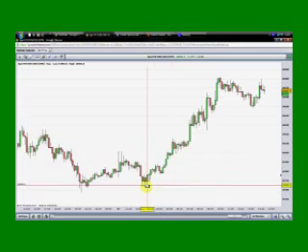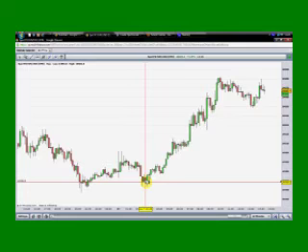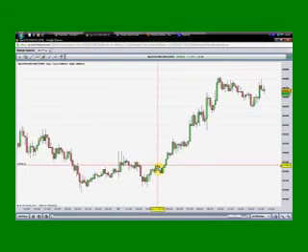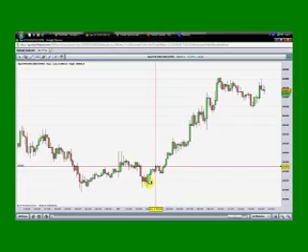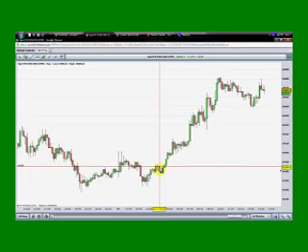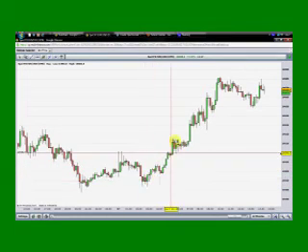If, for instance, this movement from here was not stopped by this retracement to the downside, repeat, if this movement from here was not stopped by this retracement to the downside, the whole first wave would be from here all the way up here.